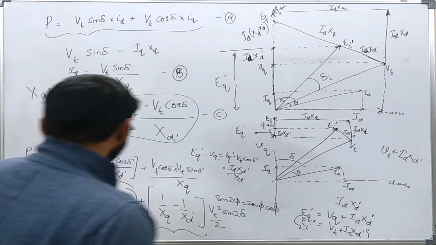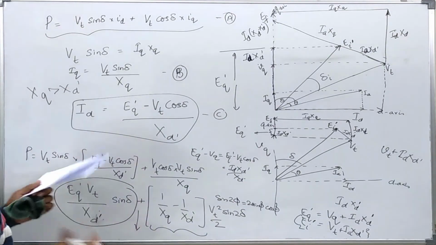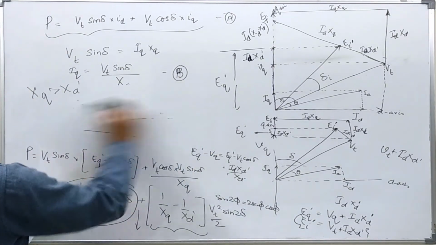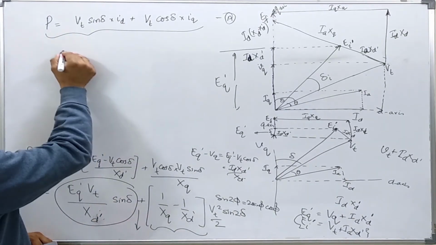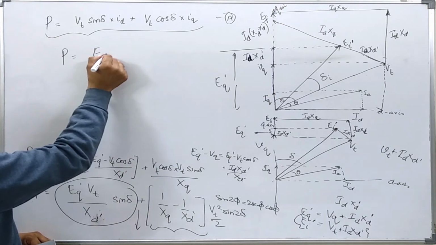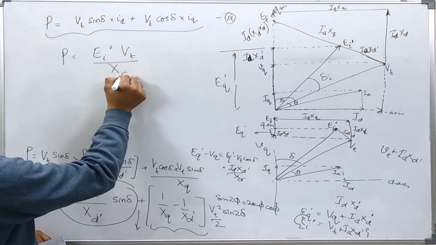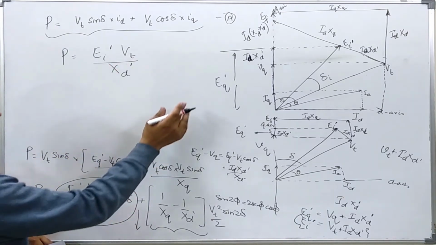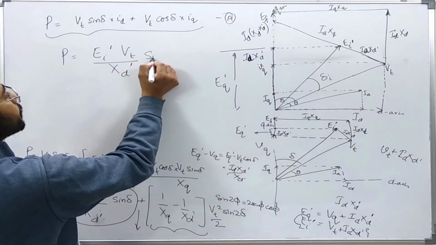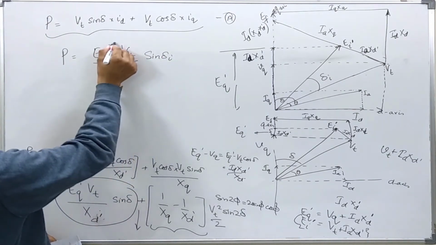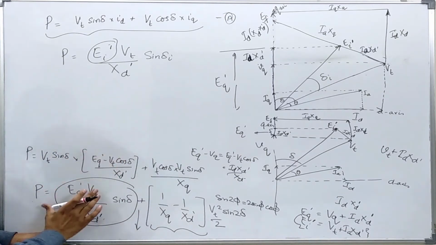So if I use EI prime in place of EQ prime, let me erase this. Now in the power equation, if I use EI prime instead of EQ prime, then I will have to use this angle delta I in VT sin delta I. This has approximately equal magnitude with the EQ prime, so this thing will remain same.